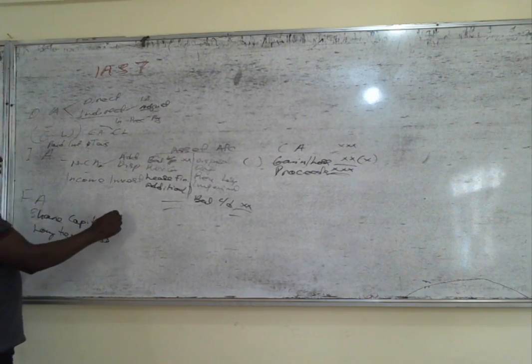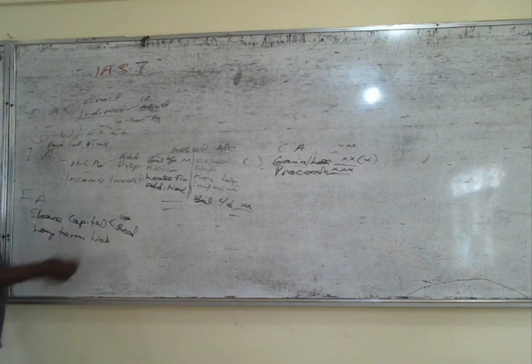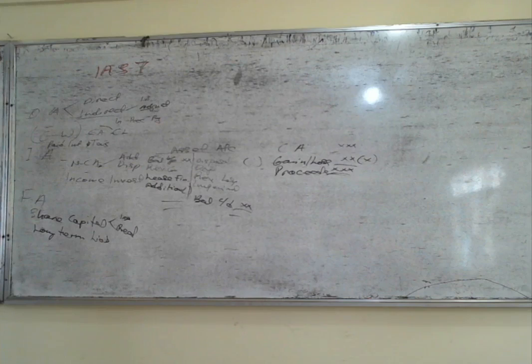So if there is an issue of shares, or redeemed shares: if you issue shares, it means that more money is coming in. If you redeem some of the shares, it means that you are paying some of the shares off. It may even be debentures, you could get more debentures, or we are paying them off.